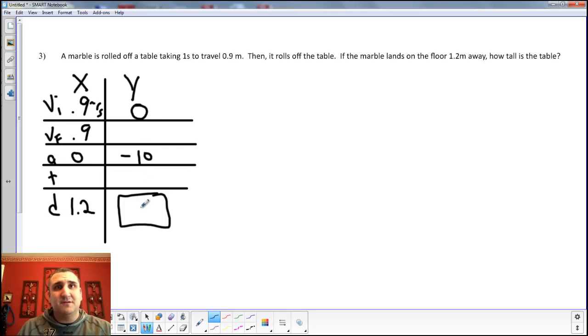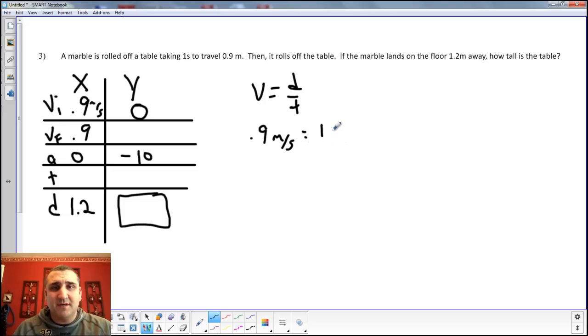Starting there, we know velocity equals distance over time because we're dealing with something that has an acceleration of 0. We know the velocity is 0.9 meters per second, equals our displacement 1.2 over our time, which we don't know. So we know the marble was going 0.9 meters per second and it landed 1.2 meters away, but we need to figure out the time.